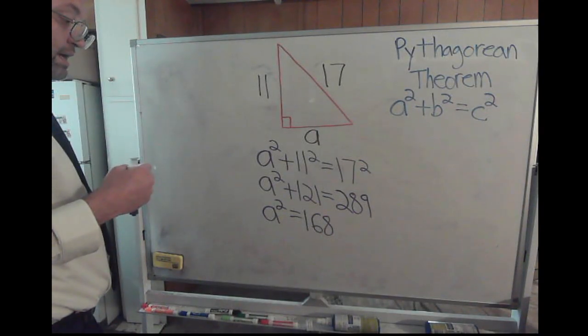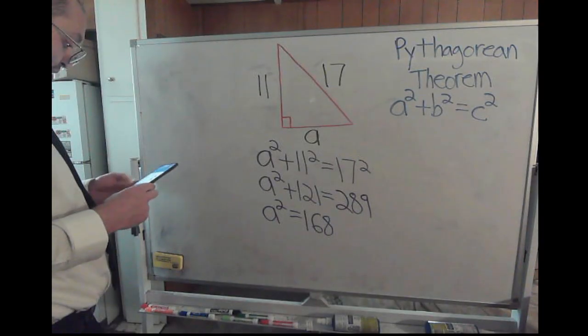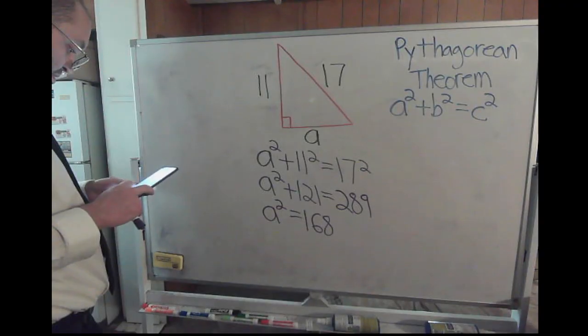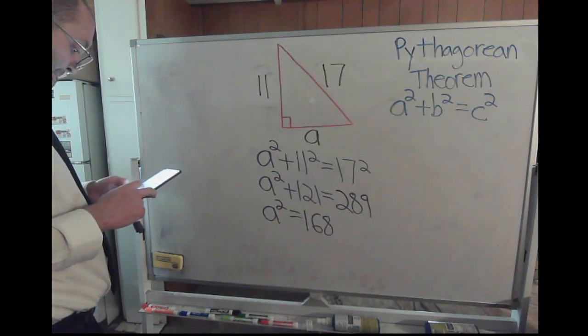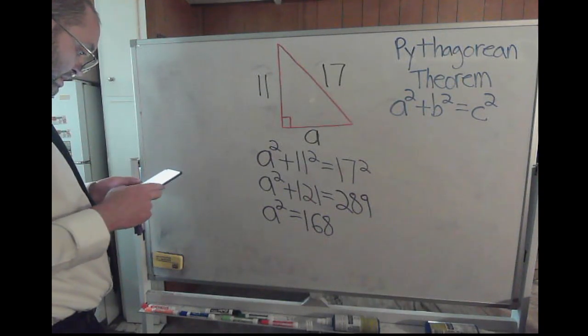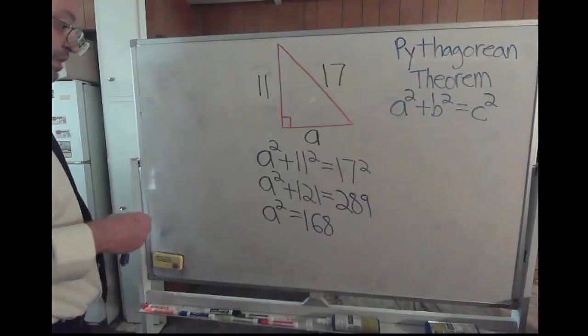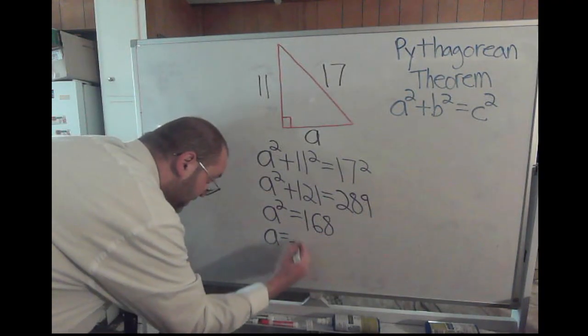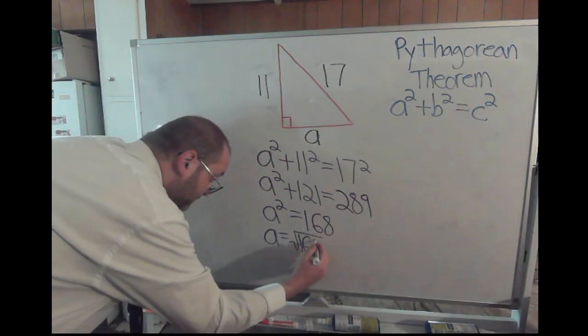Alright, so then, let me see something here. I'm trying to see how I can break this down. Alright, so that means A would equal the square root of 168.